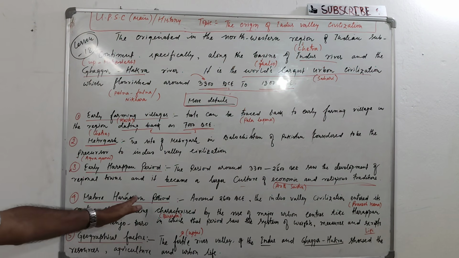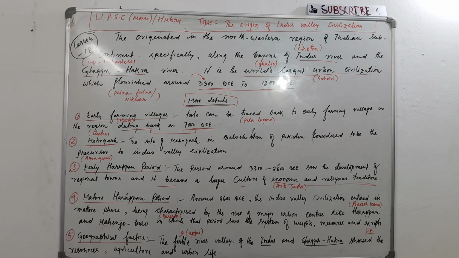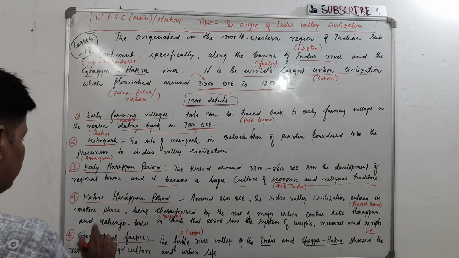Then the mature Harappan period: around 2600 BCE, the Indus Valley civilization entered its mature phase.